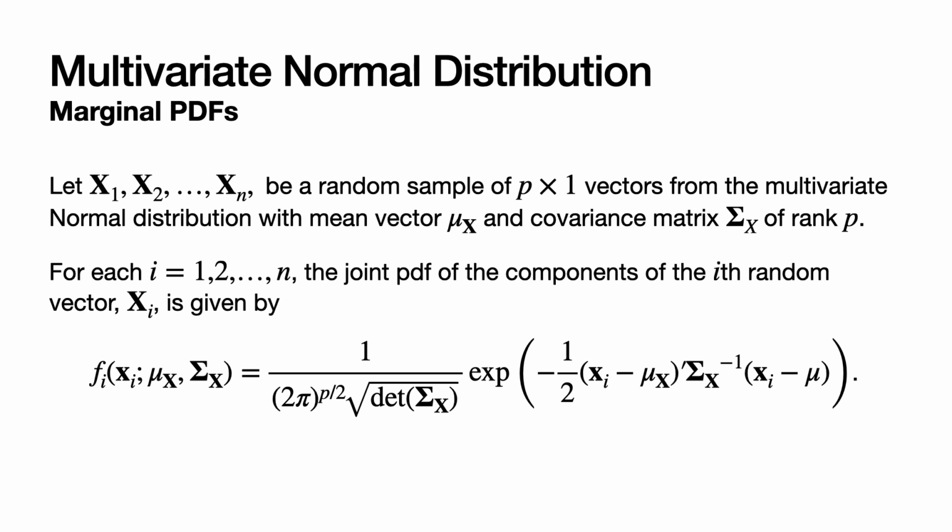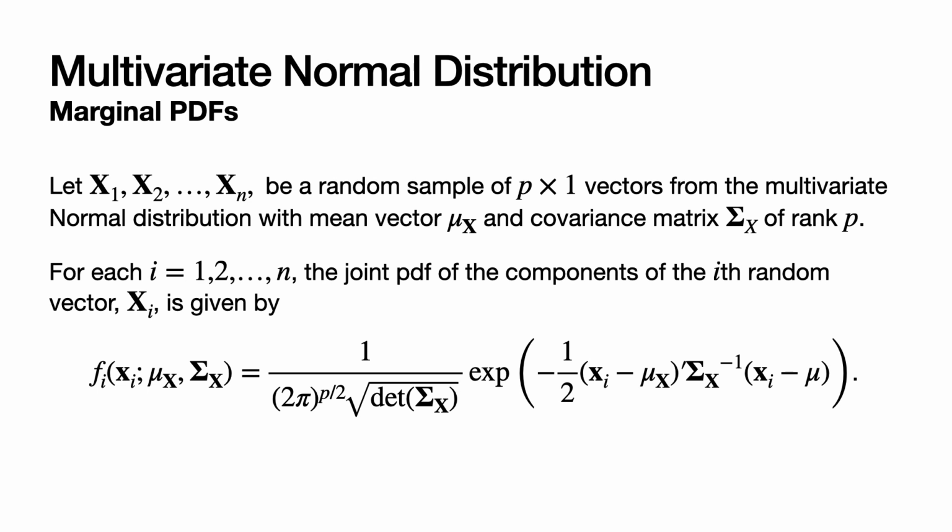So f sub i, evaluated at x sub i, with parameters the mean vector mu sub x and covariance matrix capital sigma sub x, is equal to 1 over (2 pi) raised to the p over 2 power times the square root of the determinant of the covariance matrix capital sigma sub x.